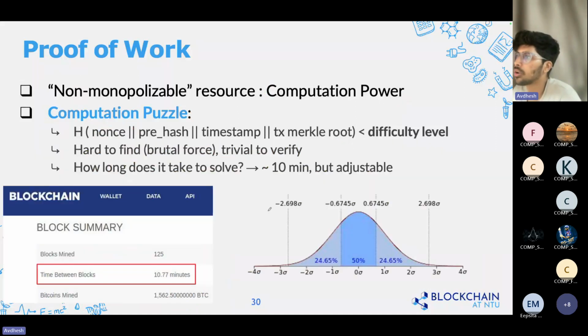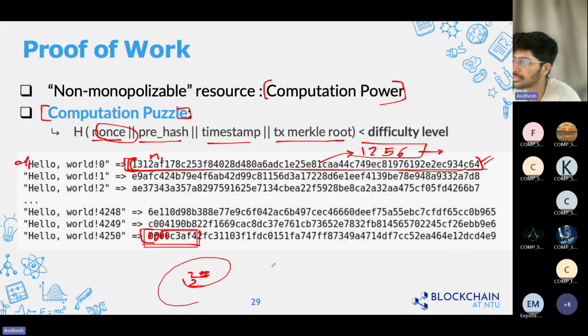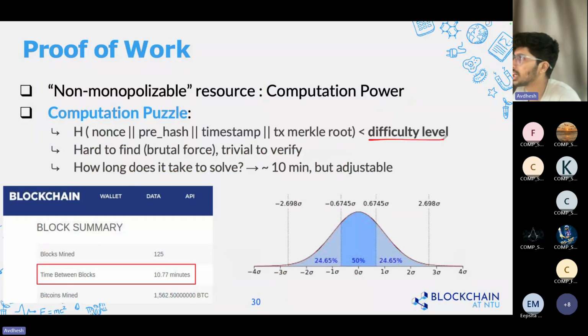The larger the number of starting zeros, the more effort it takes to derive this nonce. You'll obviously have to derive it with more computational power than before. So the difficulty level should be less than everything here.